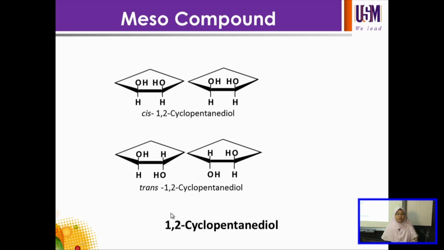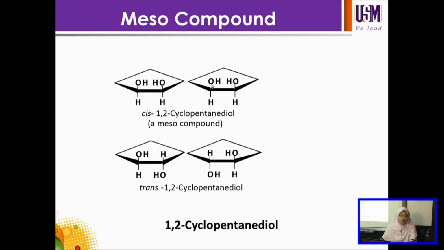Let's look at another example. This time we have 1,2-cyclopentanediol. This is a cyclic alcohol, so we could draw them as cis and trans isomers. In the cis isomer here, we have both of the hydroxyl groups facing upwards, while for the trans we have one hydroxyl upwards and one downwards. From this, you can see that the cis isomers are identical, and we could also place a plane of symmetry in the middle of the compound, so we have two identical halves.